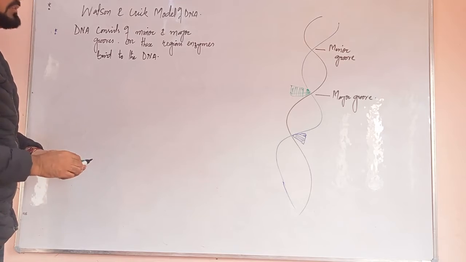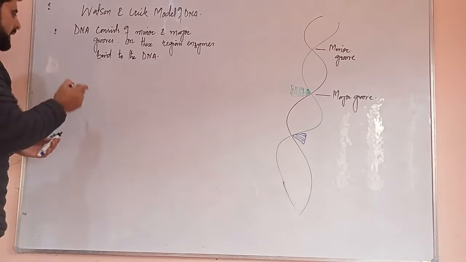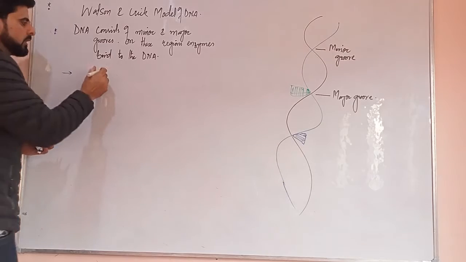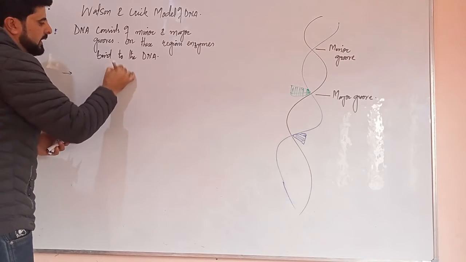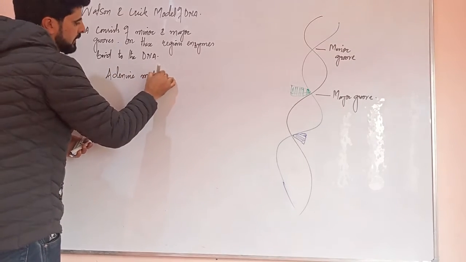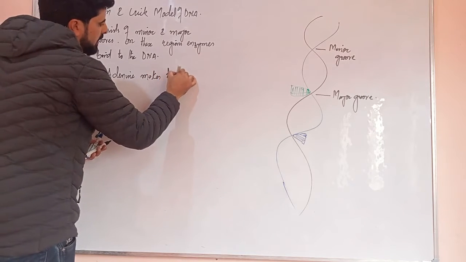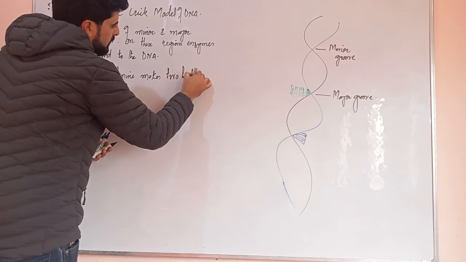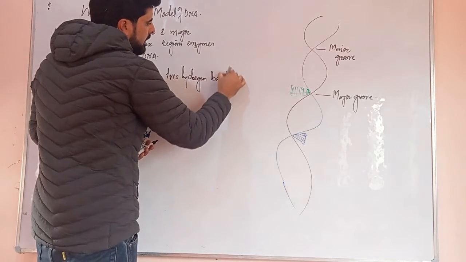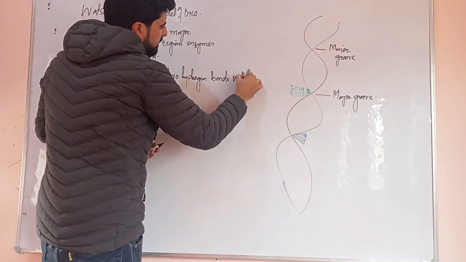One more important thing you have to keep in mind: if we take a double-stranded DNA, the purine adenine makes two hydrogen bonds with thymine.